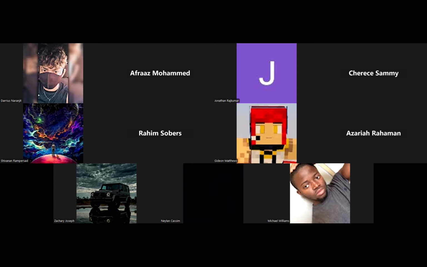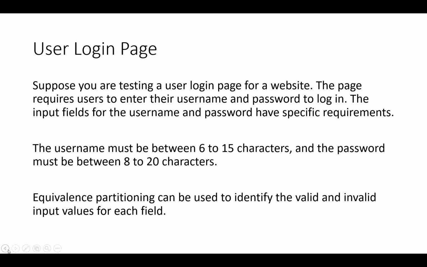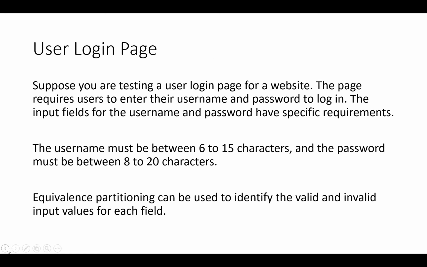Now, if you recall, we did this towards the end. This is one of the last things we did last class. So here is an example of equivalence partitioning. Remember when we did this, the example is the user login page.